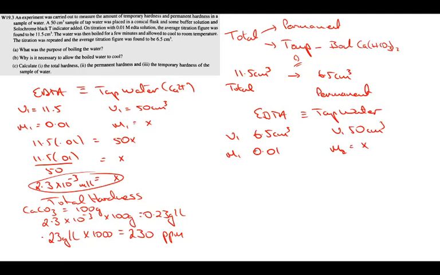So same kind of calculation again. 6.5 by 0.01 is equal to 50x, which means that x is equal to 6.5 by 0.01 over 50. And again, to save time, I have that already done. It's 1.3 by 10 to the power of minus 3 moles per litre.